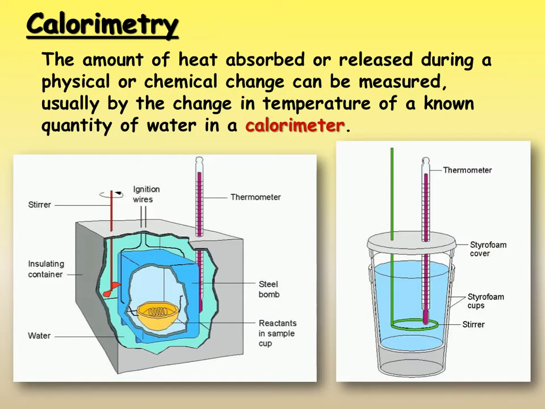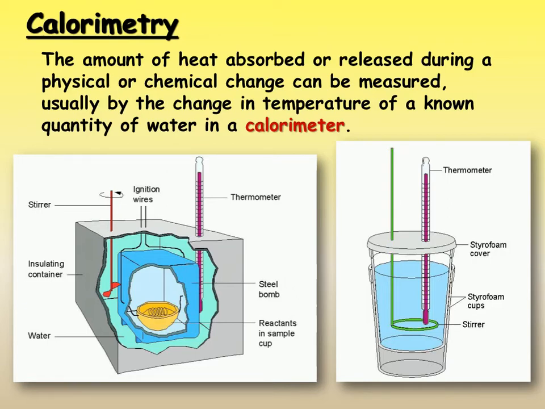So, calorimetry works by having water, or something that we can easily measure the change in temperature and relate that change in temperature back to energy, surrounding whatever reaction it is we're measuring. Okay?